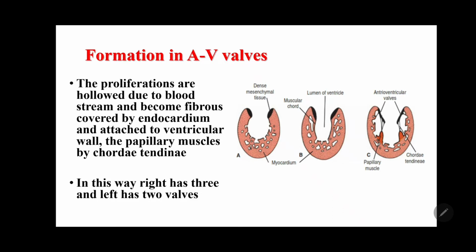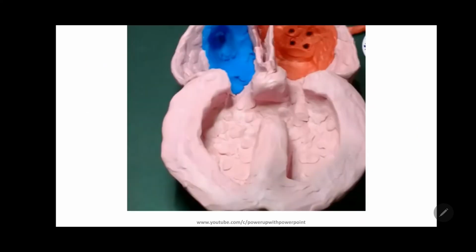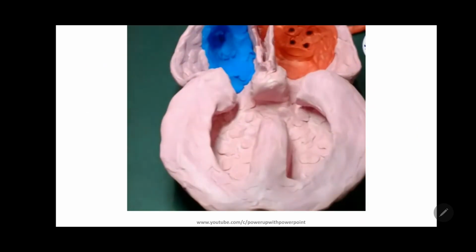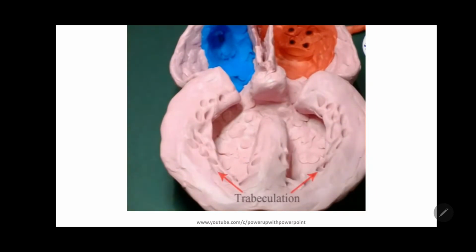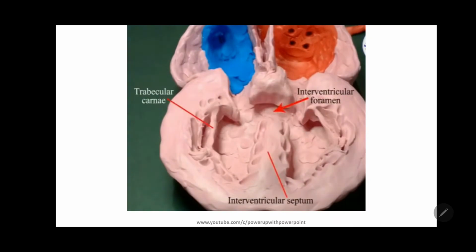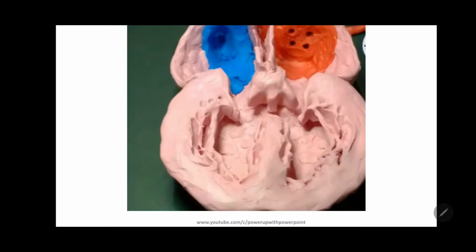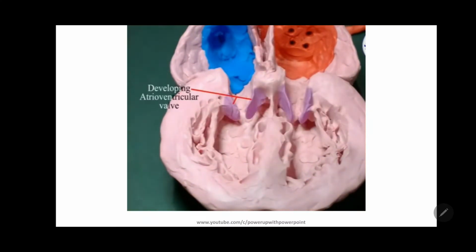In this way, the right AV valve, which we call the tricuspid valve, has 3 cusps, and the left AV valve, which we call the bicuspid valve, has 2 cusps. So you can see here, with the proliferation of mesenchymal cells in the ventricular wall, there is trabeculation, that is, lacunae develop there, and these lacunae are hollowed out due to the blood streams, and later they form these irregularities called trabeculae carneae.